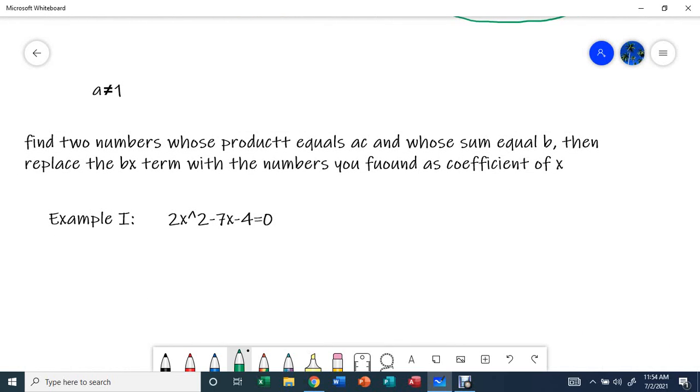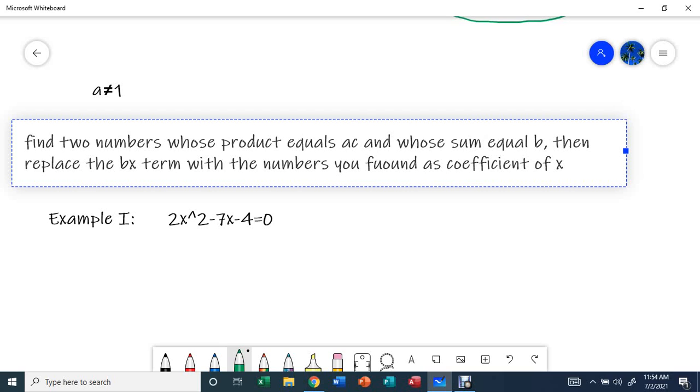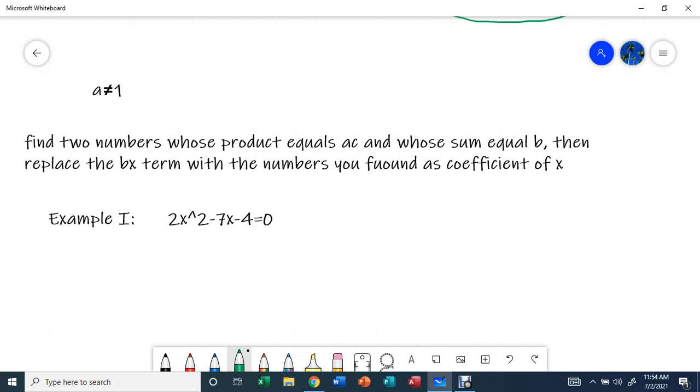If a is not equal to 0, not equal to 1, I mean, find two numbers whose product equals ac and whose sum equals b.